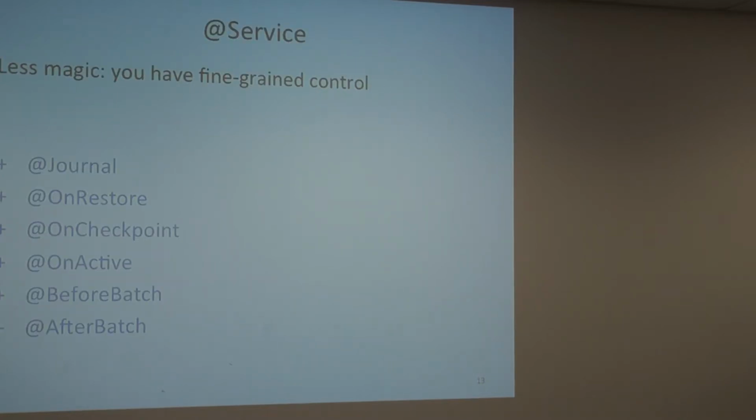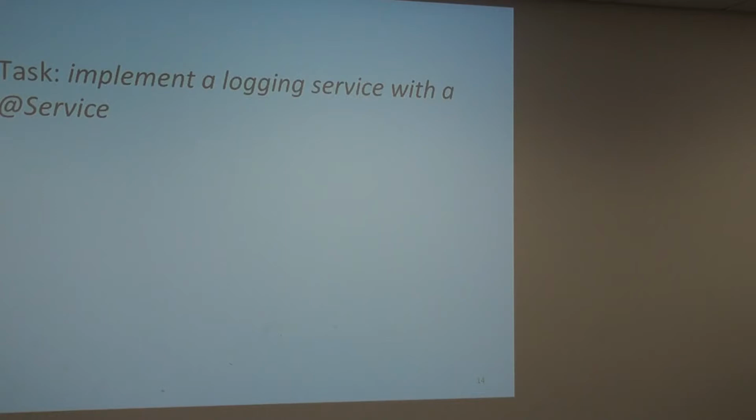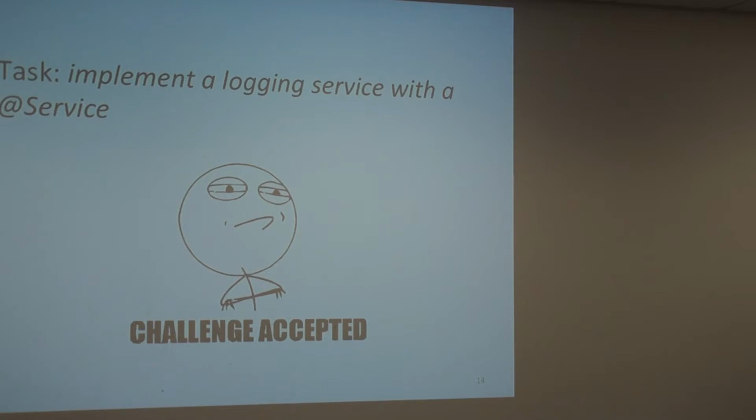You do a bunch of fast operations, and you do the slow operation at the very end. So it seems like it's very hard to implement an @Service. Well, let's see what it takes to implement a service without all the magic.